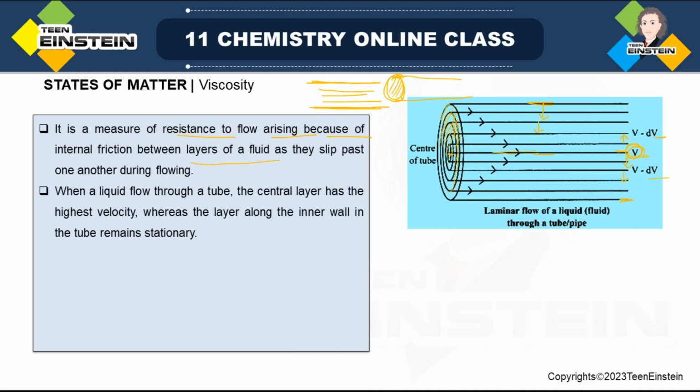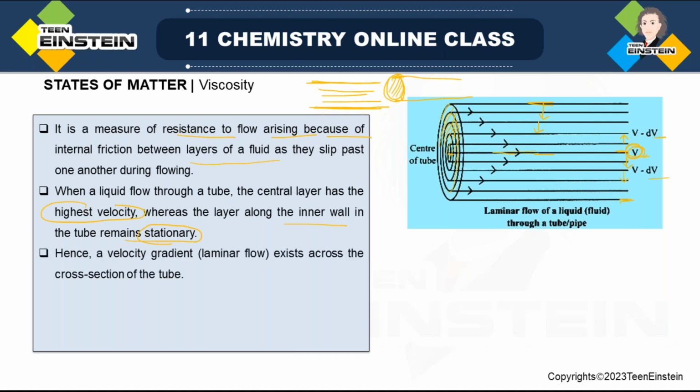So when it is flowing through a tube, the central layer has the highest velocity, that is V. As you move towards the wall, the layer along the inner wall of the tube remains almost stationary, as if zero. So here friction is maximum. Because of this situation, different parts of the tube have different velocities. You get maximum in the central zone, and a velocity gradient exists in laminar flow.